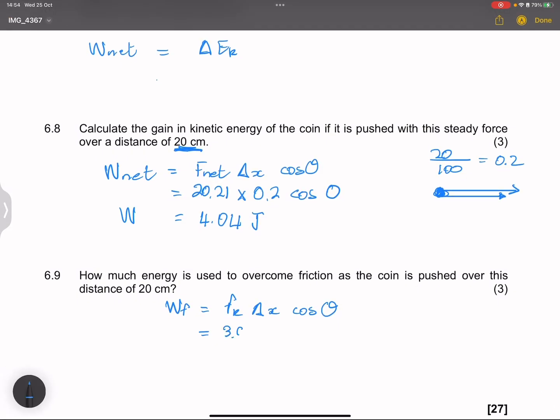So that's 3.94 times delta x, the 20 centimeters, so that would be 0.2, the cosine of. Now remember that the direction of motion is to the right, but friction is opposing that motion. So what would be the angle between the two? That should be 180.